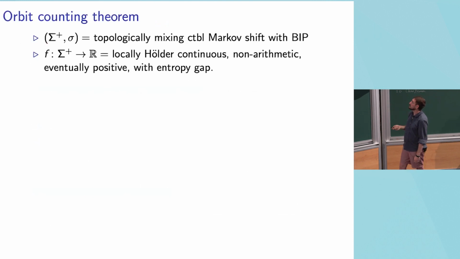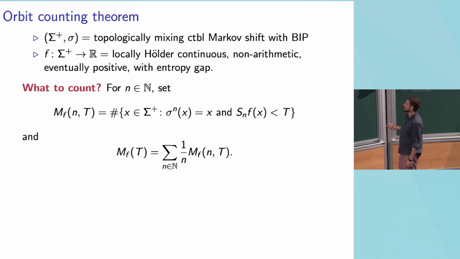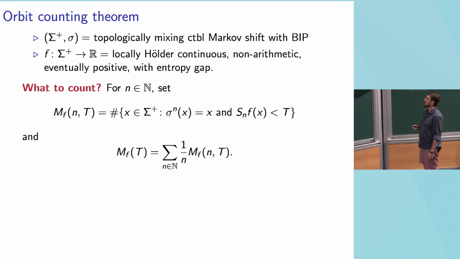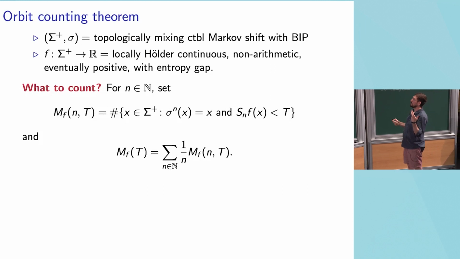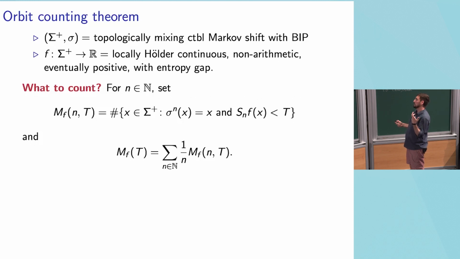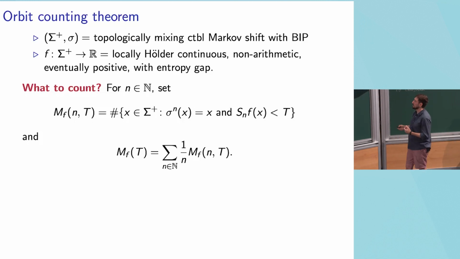All these nice things. Maybe I need to tell you what we need to count in this setting. We used to count closed curves. Now we're going to count words that are periodic, period n, say, that have this f length at most t. And then we need to sum over all n, and then we have a little bit of overcounting, so we divide by 1 over n.